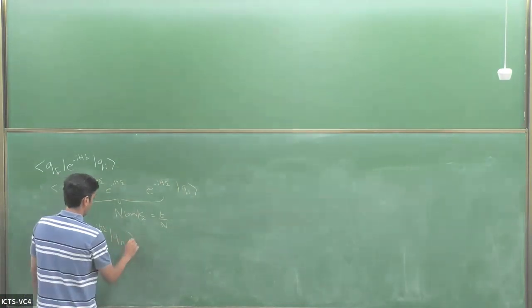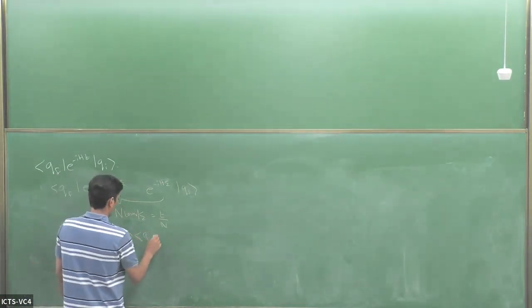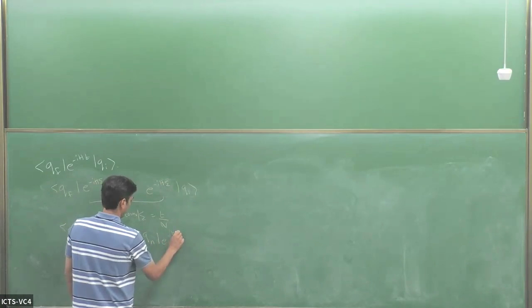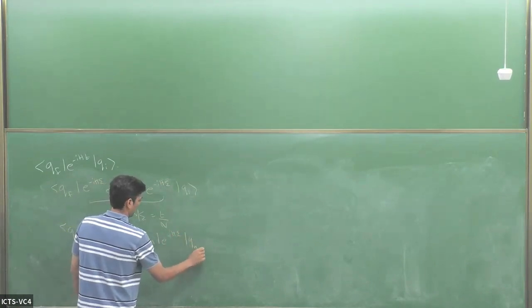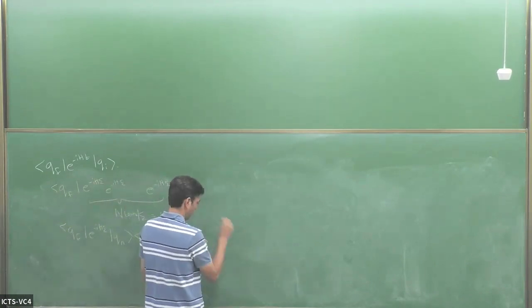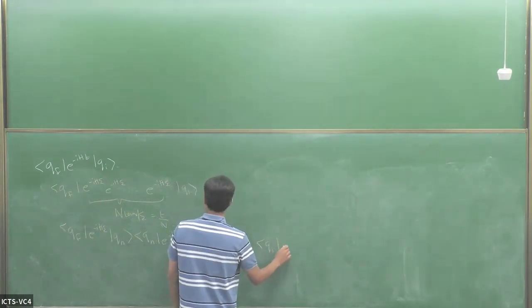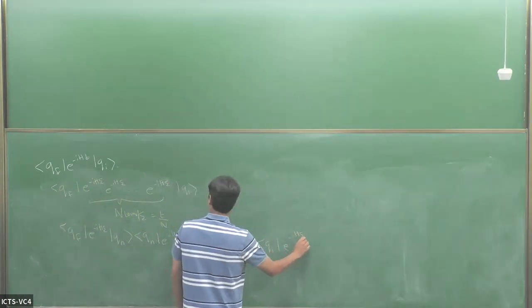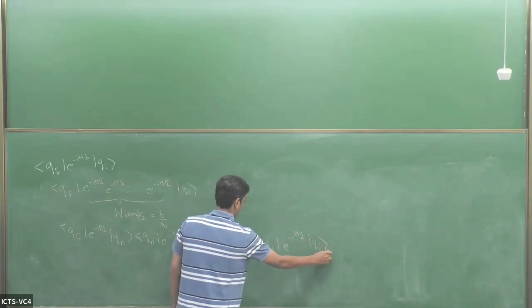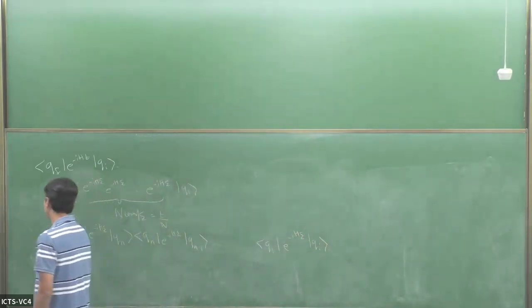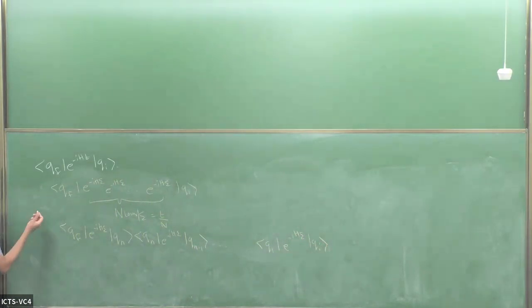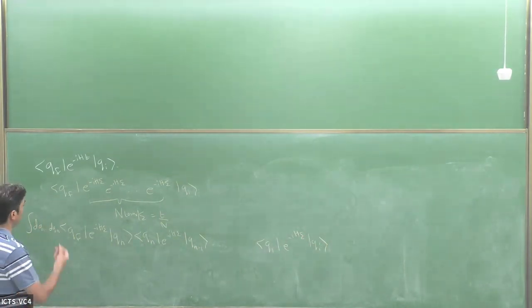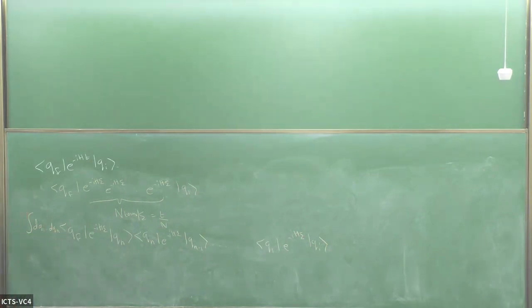You can write this as qn e to the minus iH epsilon qn minus 1, and so on, maybe you have q1. And then you have to integrate over all of these qn's, so I write dq1 to dqn, and I integrate over all of these qn's.